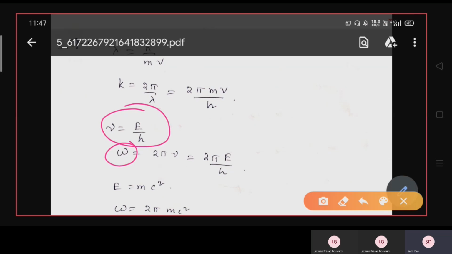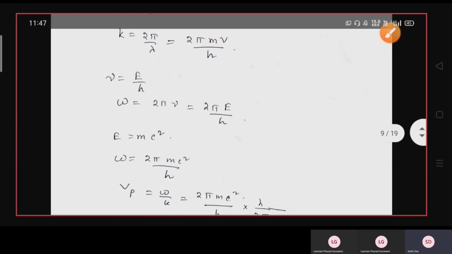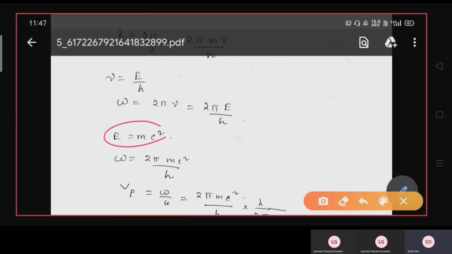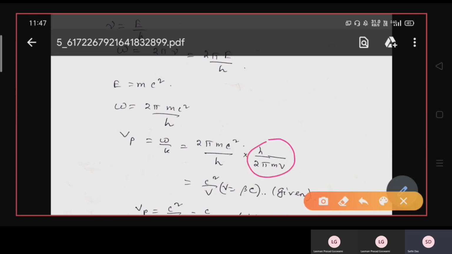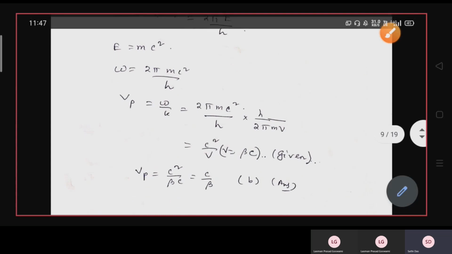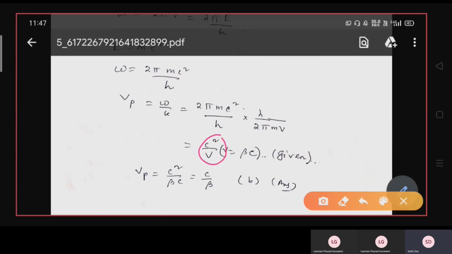So omega can be written as 2 pi nu, or 2 pi into E by h, where nu is put in as E by h. So E equals mc square. So omega equals 2 pi mc square by h. So Vp equals omega by k, that is 2 pi mc square divided by h, into the k value, that is h by mv. Now it is equal to c square by v.